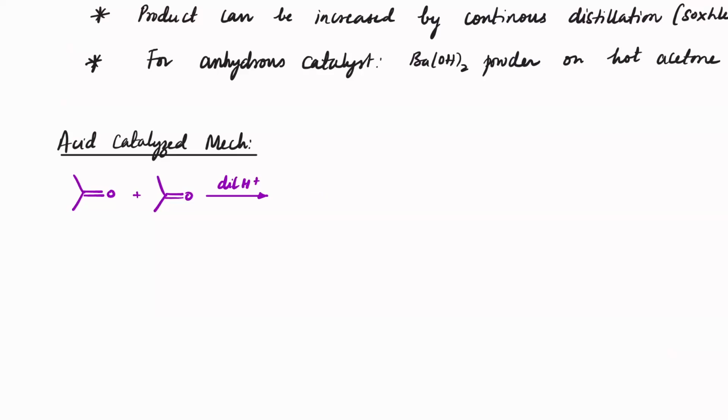Overall product, what you will get here is like this: double bond O, 1, 2. I'll have to put OH also here, and then I'll have double bond O like this, correct? This is the aldol, and in case you are heating it, you'll definitely get the product as this conjugated form of a ketone. So this is the product formation.